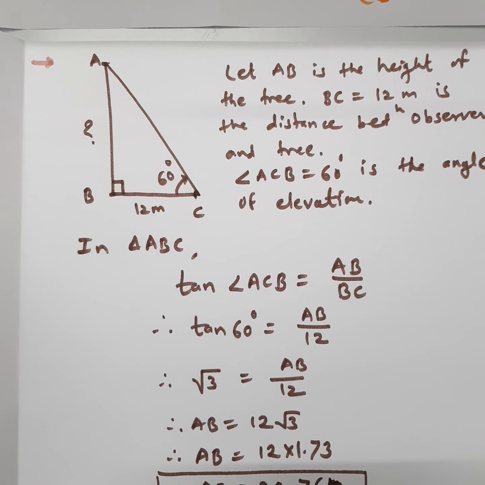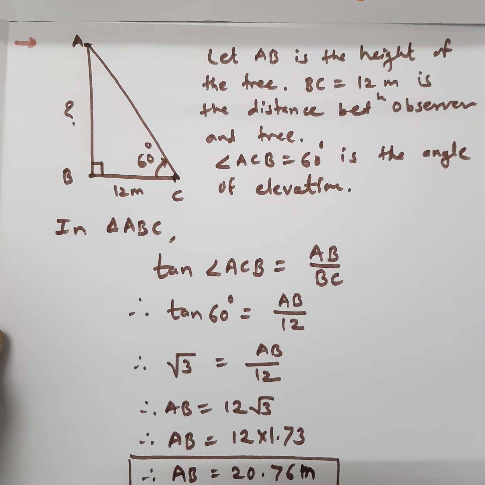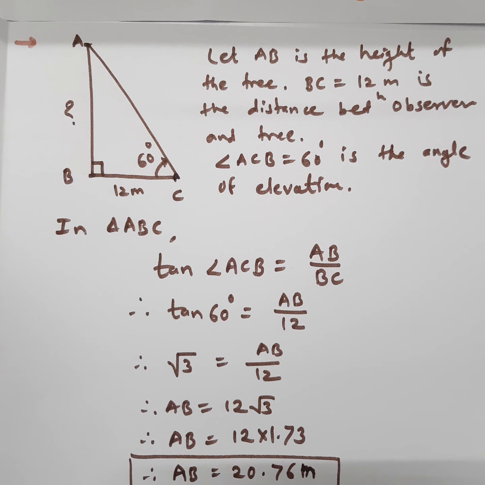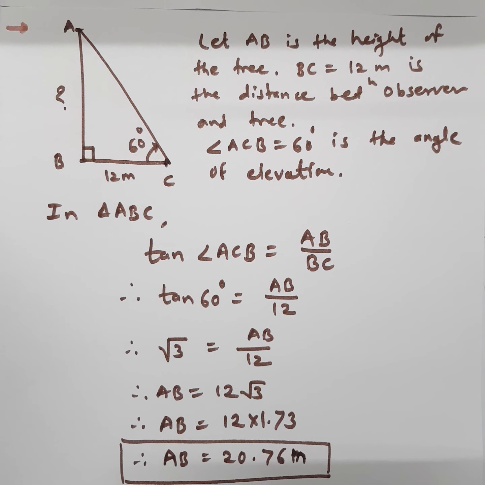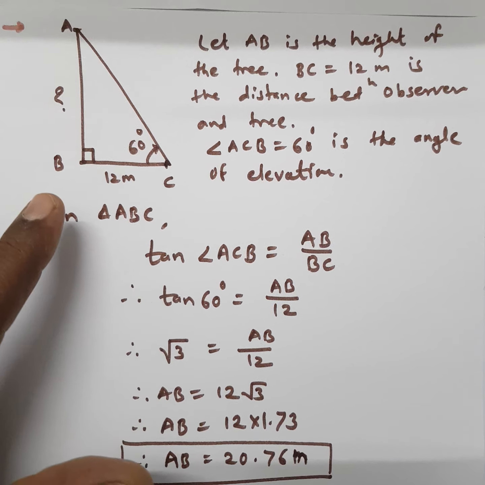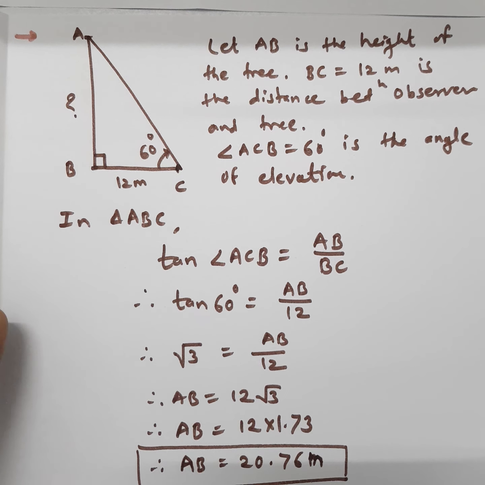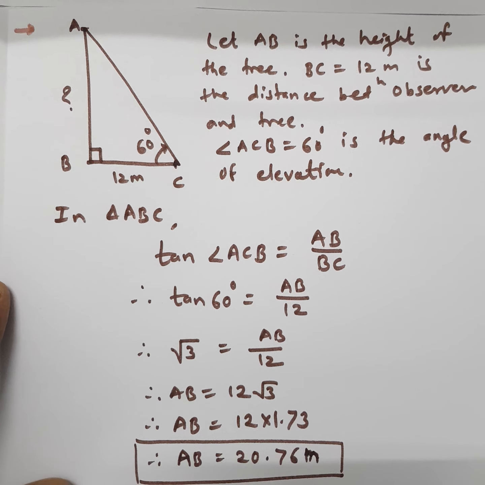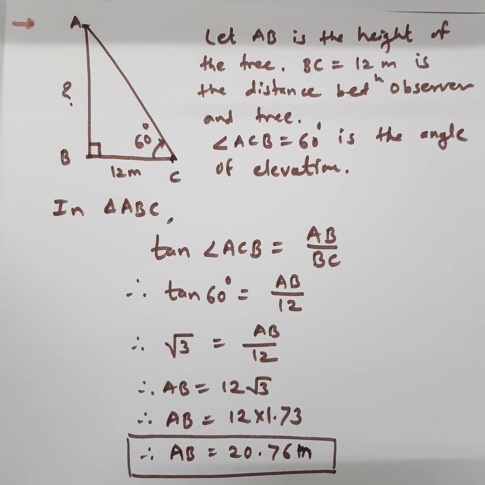Here the tree is given. So in solving this type of example, we have to draw a rough figure first and then use any trigonometric ratio related to the given sides. Here the adjacent side of angle C is given and the opposite side is asked. Therefore, we can use the tan ratio.